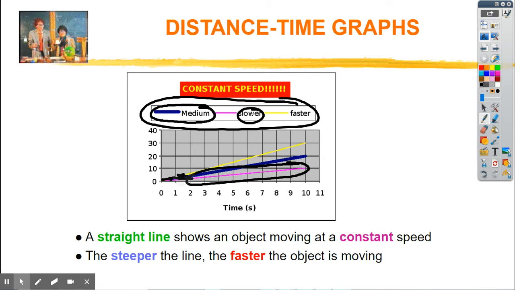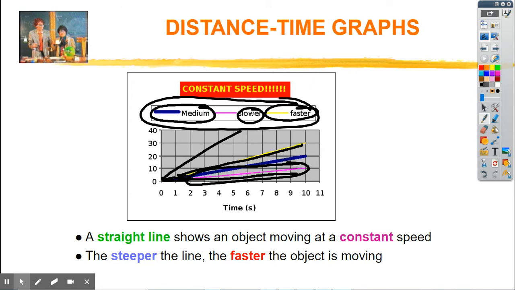But this yellow line is steeper than all of them, so it's the fastest speed. If I had a line that was pointed like this, it would definitely be the fastest. If I had another line that was like this, it would be the slowest. So the steeper the line, the faster the object is moving.